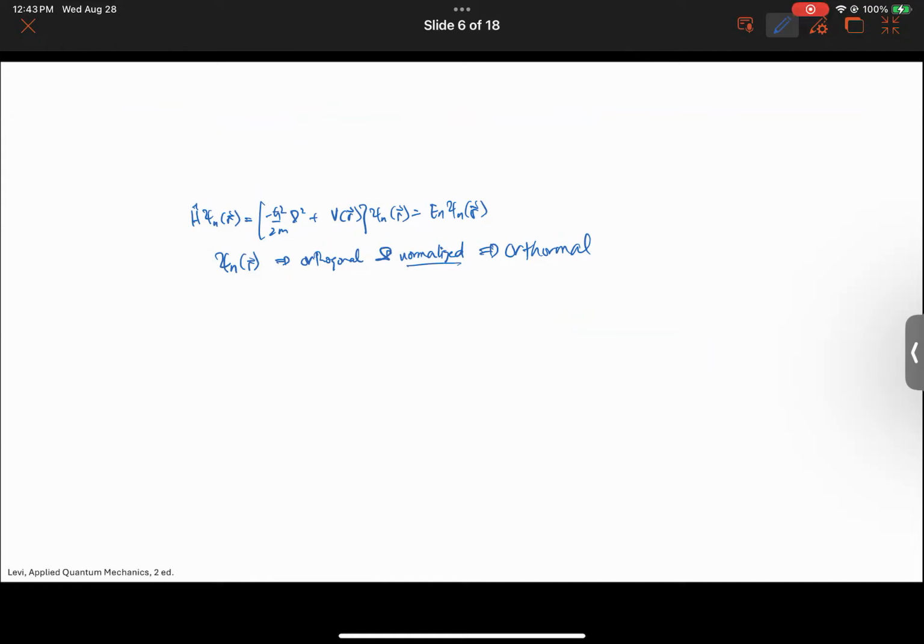That's the integral of psi n star of r times psi m of r, d3r, and this is equal to the Kronecker delta nm, where the Kronecker delta nm is equal to 1 if n is equal to m and 0 otherwise. So that's the first condition.